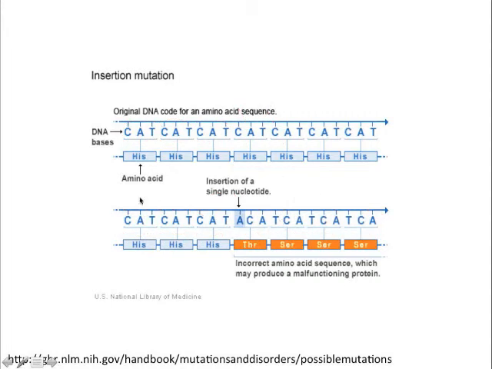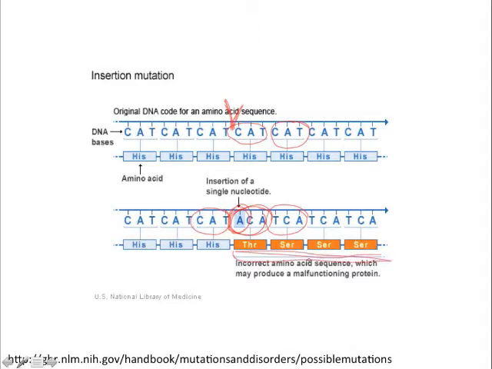Similarly, if you have a 1-base insertion, so if we create this A between here, so if we do an insertion right here, again, we're now changing our reading frame. Instead of reading CAT, we're now reading ACA, TCA, and so we now get a different amino acid sequence again.